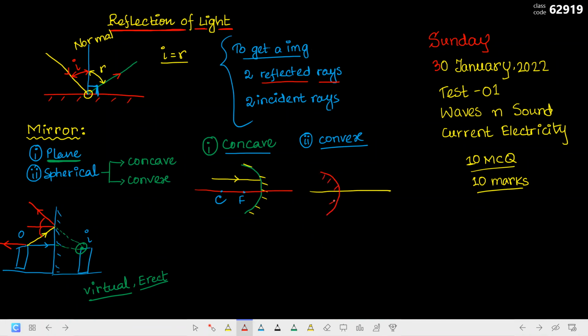So the light ray has to come parallel to the principal axis. Then what will happen? If this is the principal focus, in concave mirror, after reflection, the light ray will pass through the principal focus, right? This is rule number 1.